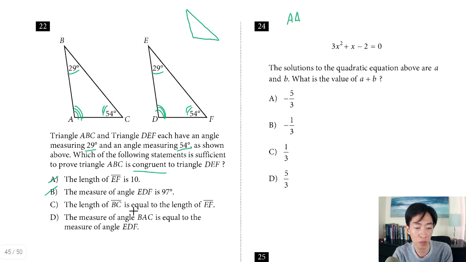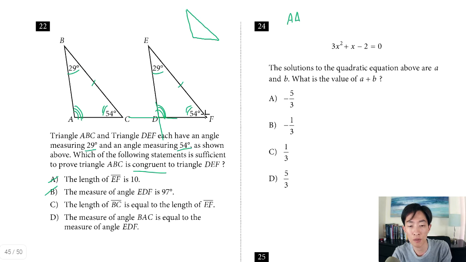Choice C, the length of BC is equal to the length of EF. So that would mean this side is equal to this side. And so you can actually think about this intuitively. Imagine that we have two congruent sticks, EF and BC, and then we have longer sticks, ED, and let's say it goes this way, and FD, let's say it extends this way.